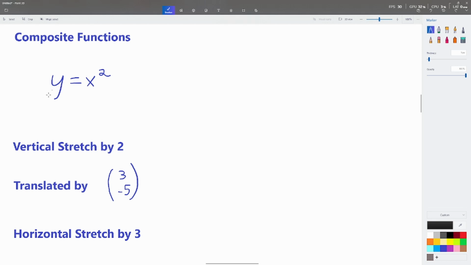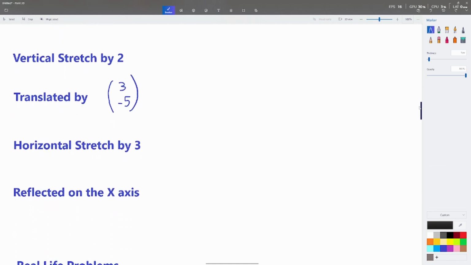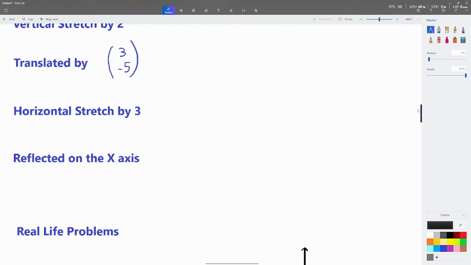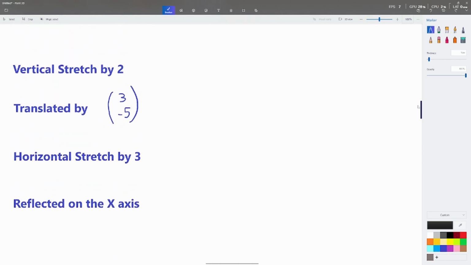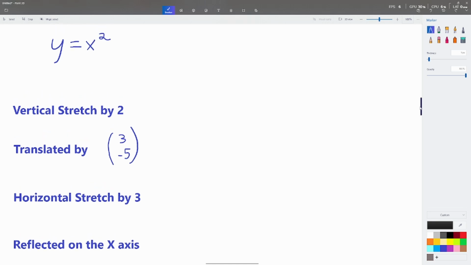You have your usual function, which is y is equal to x squared, and then you will have your vertical stretch by 2, then it will be translated by 3 and minus 5, and then you will have horizontal stretch by 3 and then reflected on the x-axis as well. If you want, you can pause the video so you can do it on your own, and then we can check answers, or if you want, you can do it with me.